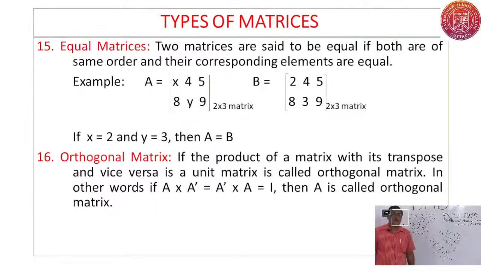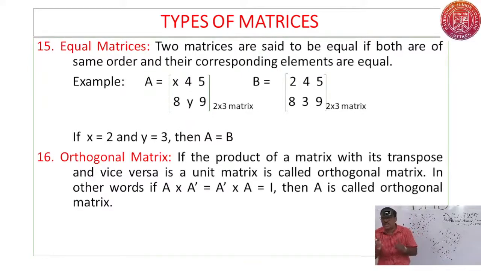Next, what are equal matrices? Two matrices are said to be equal when the corresponding elements of both are equal. In that example, A is given as x 4 5 8 y 9. In the B matrix I gave 2 4 5 and 8 3 9.